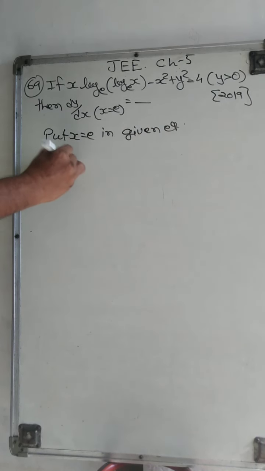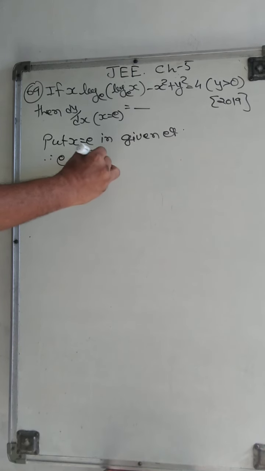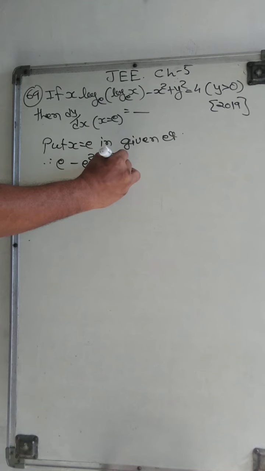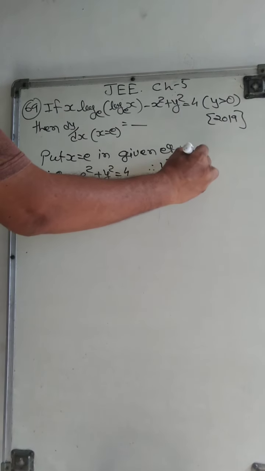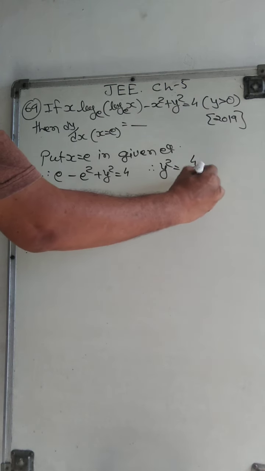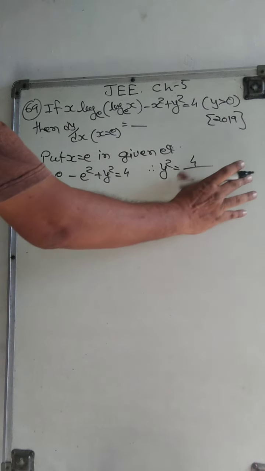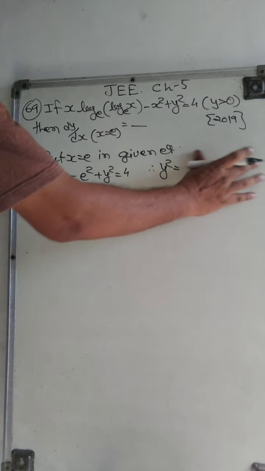Therefore we get e, this is 1 minus e square plus y square is equal to 4. It is y square equal to 4 upon under root e, only e minus e square. Just a minute.